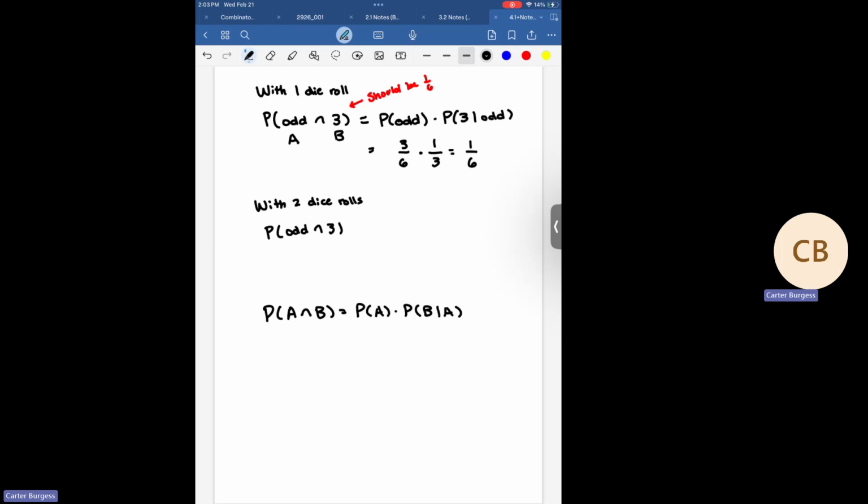Now, of key note here, are these events independent or dependent? These are dependent, right? Notice that as soon as we knew that what we saw was odd, the likelihood of it being a 3 goes up. The likelihood of it being a 2 would plummet down to 0, right?